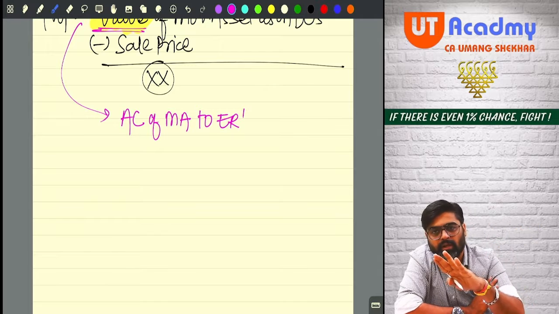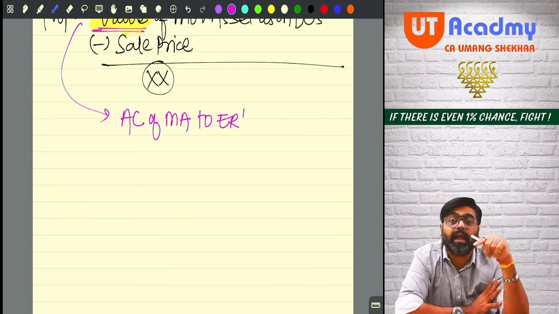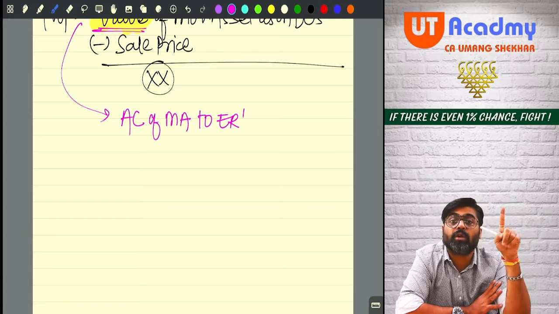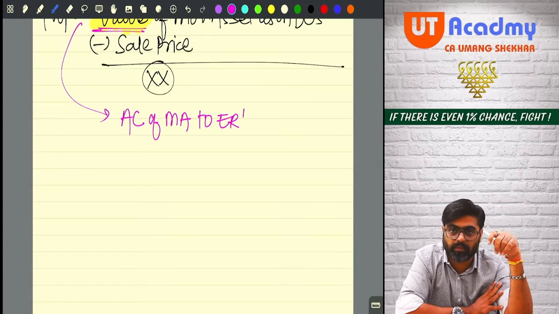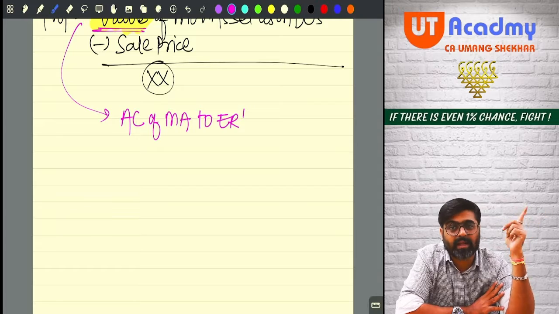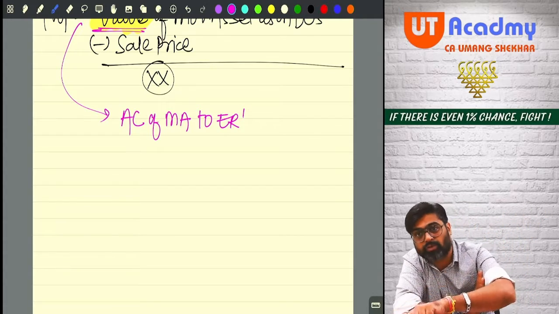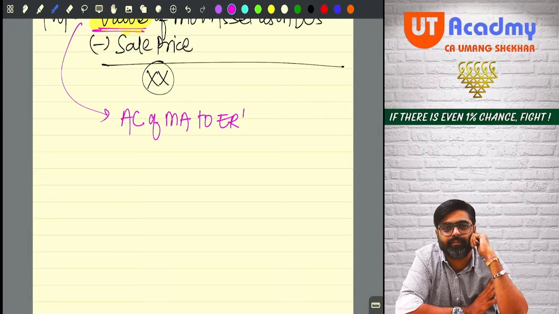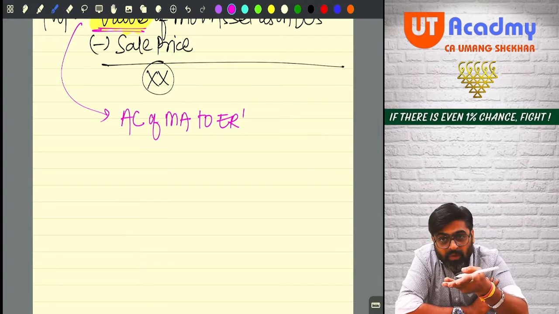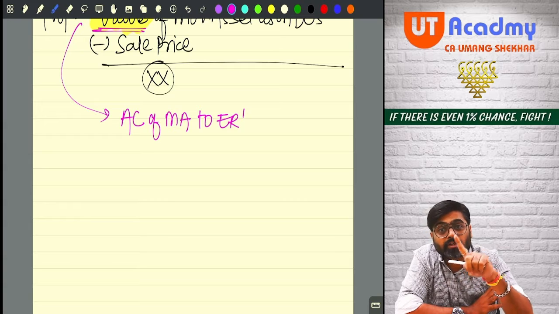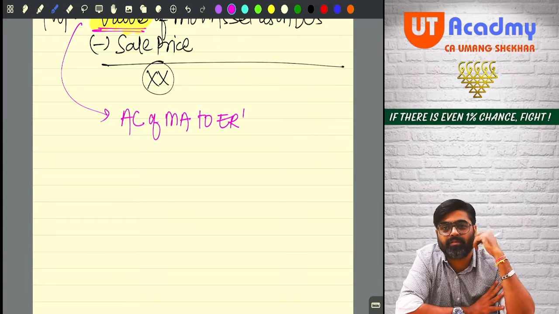Employer is selling you that asset. First we'll have to see at how much amount the employer bought it. What was the cost of that asset to the employer? And after acquiring that asset, the employer used it in the business, and after using it, he is selling it to you. So before selling to you and after acquiring it, the asset must have been used in his business.